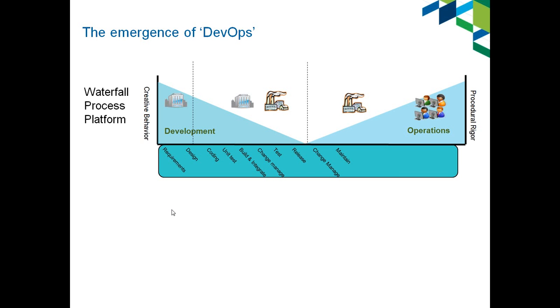Okay. So you've heard a lot of chat around this phrase DevOps. It's a little bit of an overloaded term now. It means different things to different people. For me, it comes about from the emergence of Agile development. Prior to Agile development, we had waterfall-driven processes, with all the creative behavior and innovation of development on the left-hand side, mirrored around that dotted line in the center by an operations team centered around procedural rigor and specific things they had to do at specific points in time.